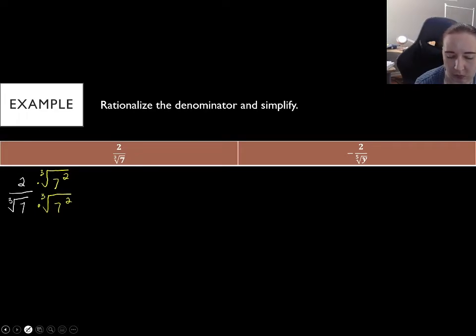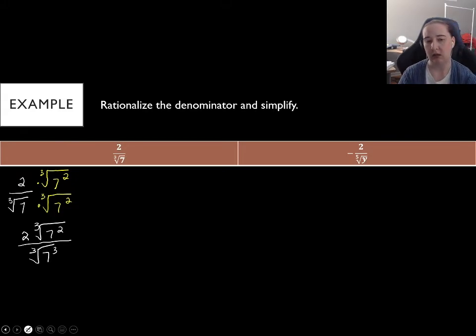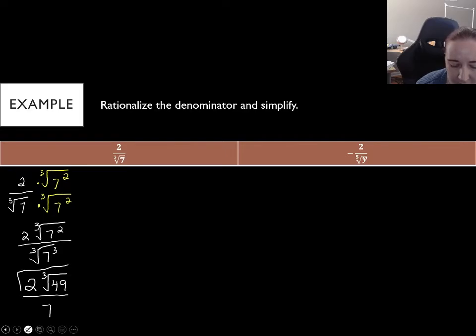And so that will give us 2 times the cubed root of 7 squared over the cubed root of 7 cubed. And then the cube roots will cancel out, so we have just 7 in the denominator. And then normally if we have a number like 7 squared, we will actually square that number. So our final answer will be 2 times the cubed root of 49 all over 7.